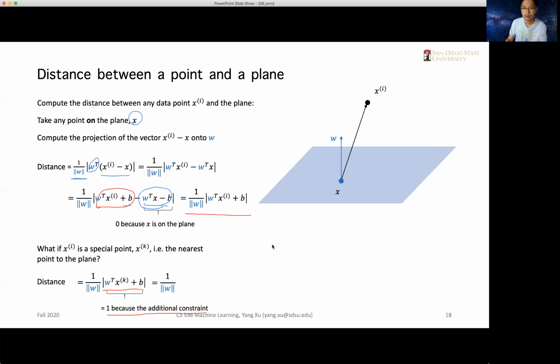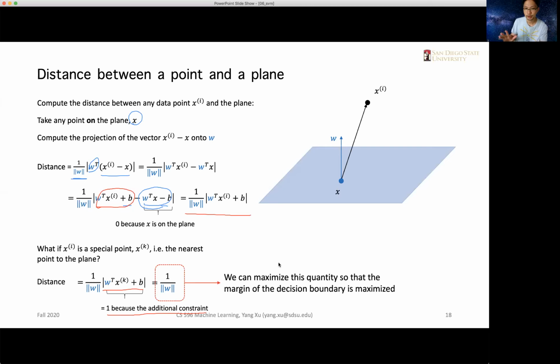That is the so-called margin that we want to maximize. Given the plane w transpose times x plus b equals 0, we want to maximize the margin, which is defined by 1 over the norm of w.